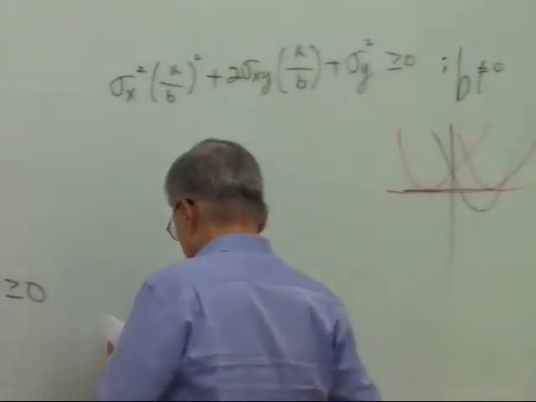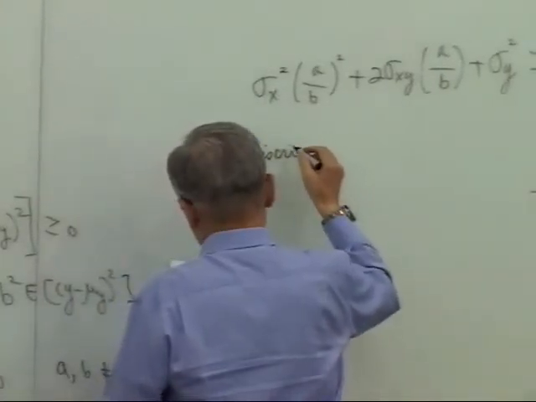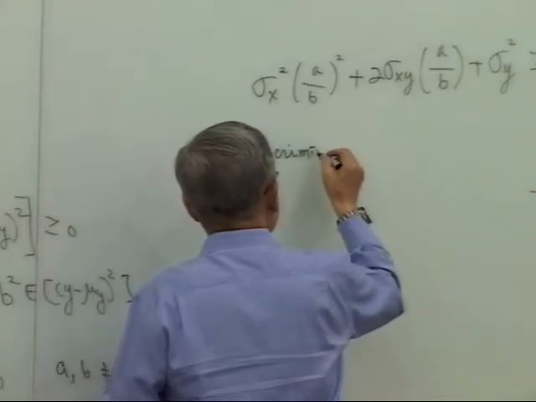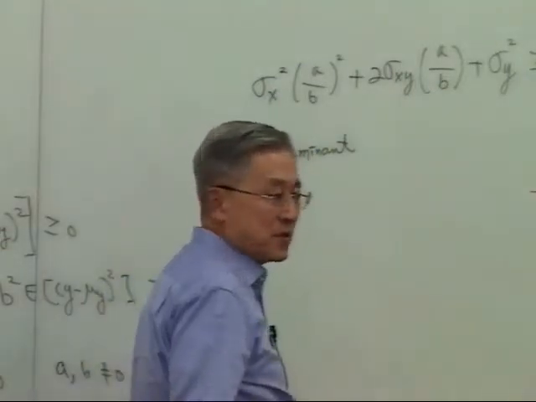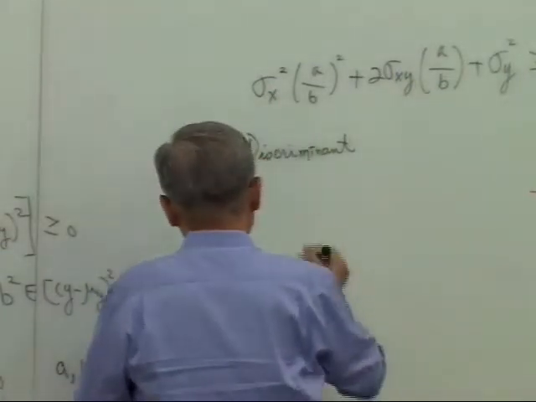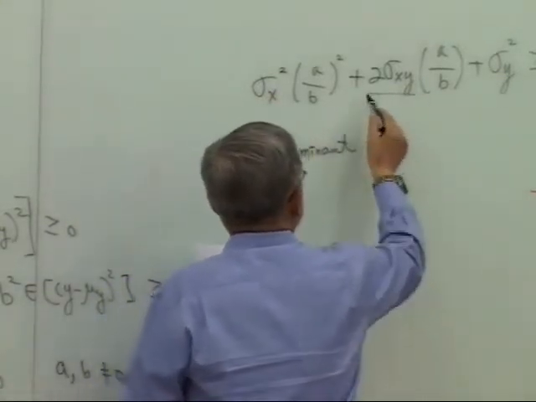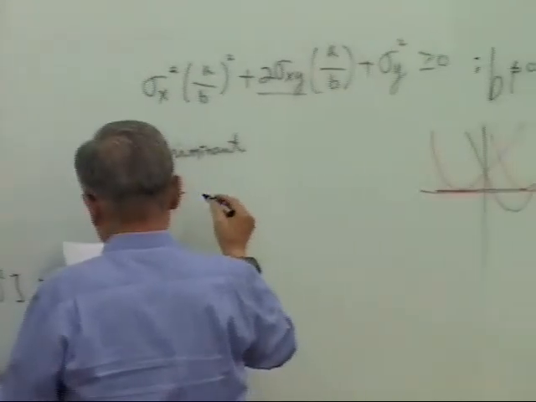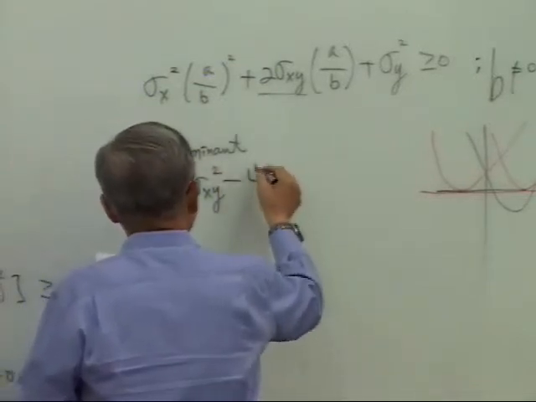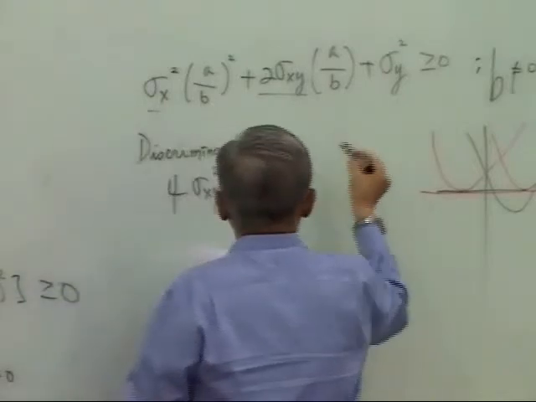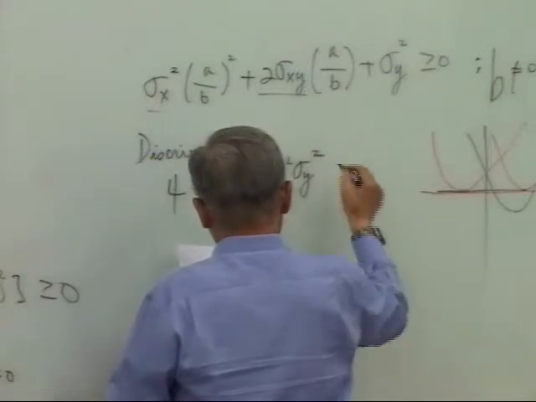So if you do that, then the discriminant b squared minus 4ac for that equation is 4b squared, this is 2 sigma xy squared minus 4ac, sigma x squared sigma y squared.